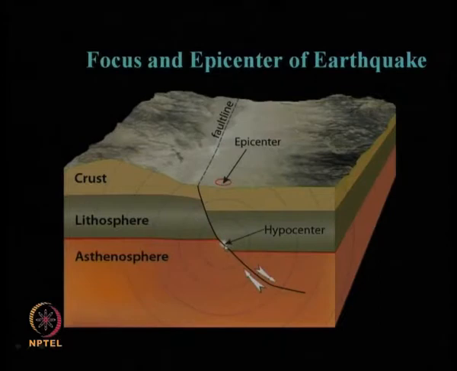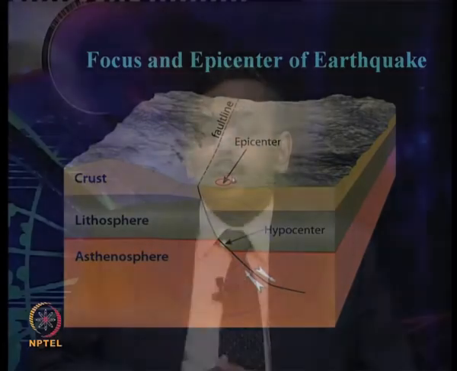From one point inside the circle, you can have several projections, but the projection on the ground surface that gives you the least distance signifies your epicenter. Is that clear? So, the least vertically projected point on the ground gives us the location of the epicenter of an earthquake on the ground surface.